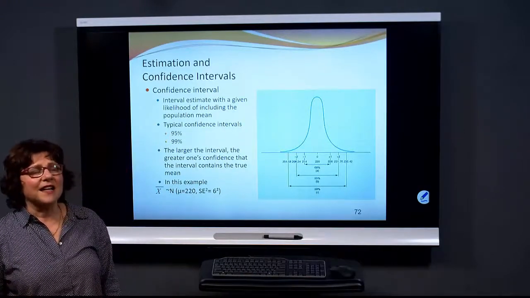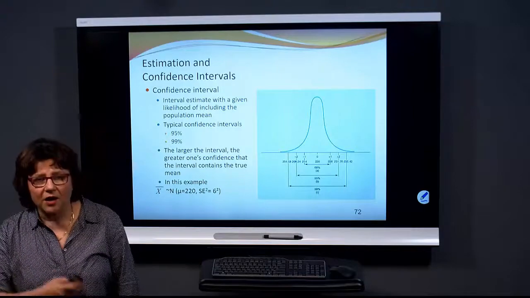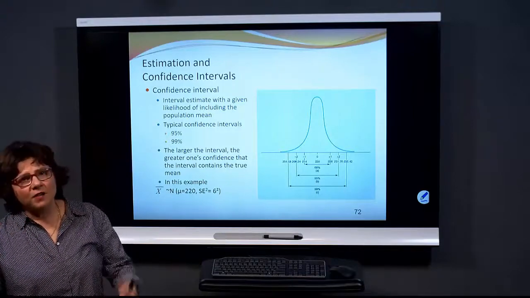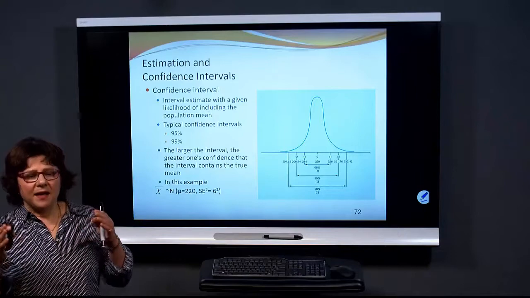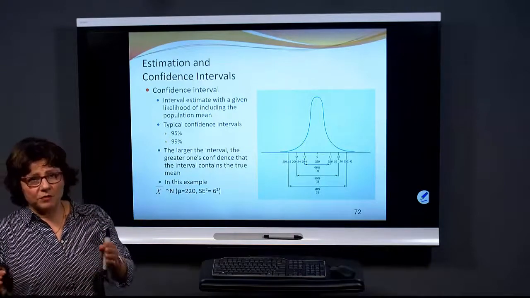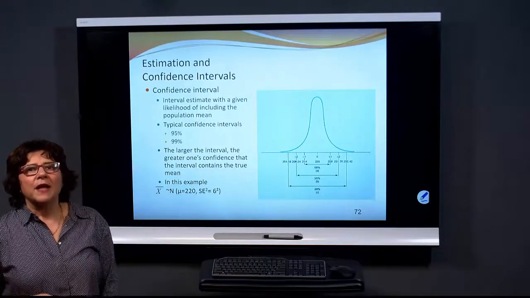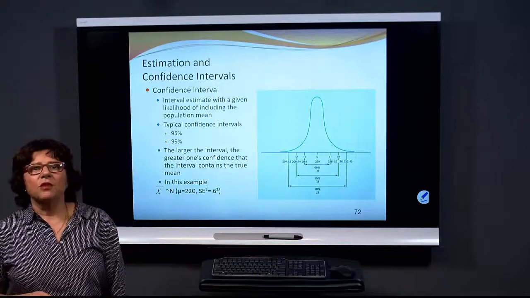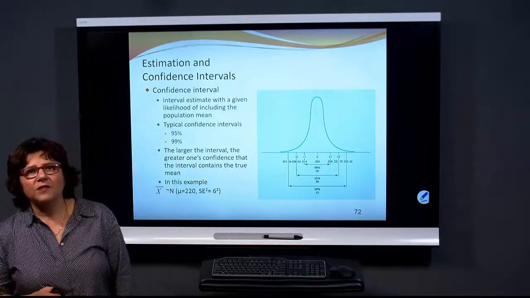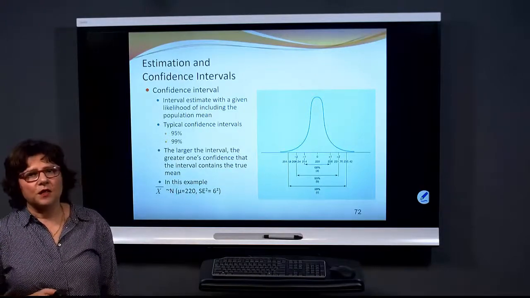Okay, so it means that if you take 100 times the sample, 95 times that sample mean falls within these two values. And the larger the interval, the greater one's confidence that the interval contains the true mean.